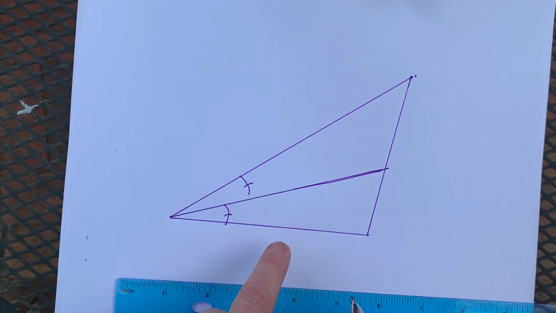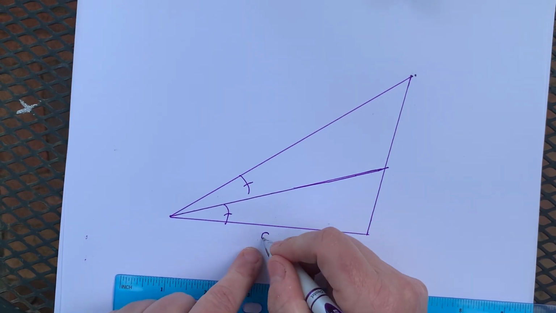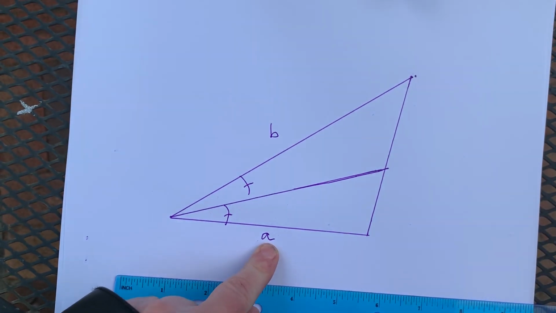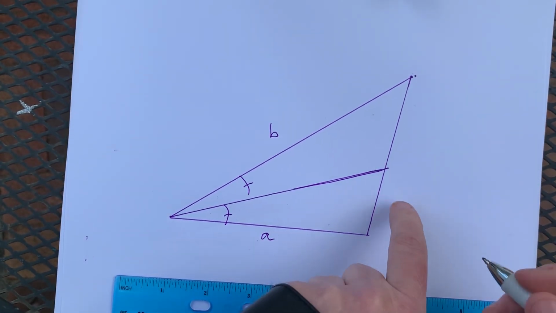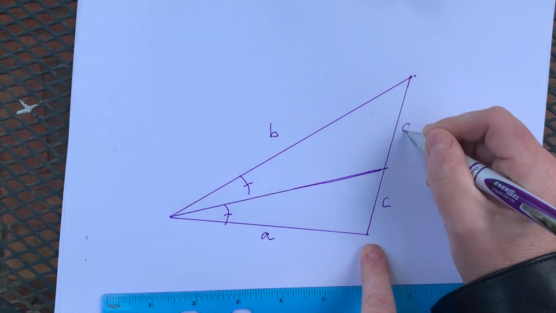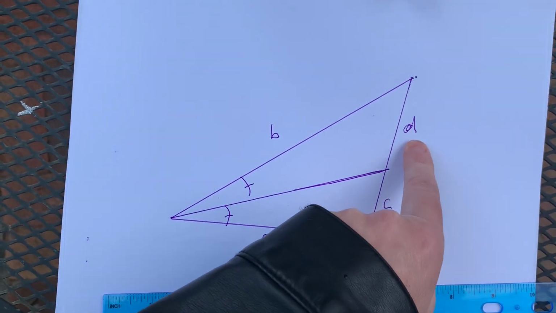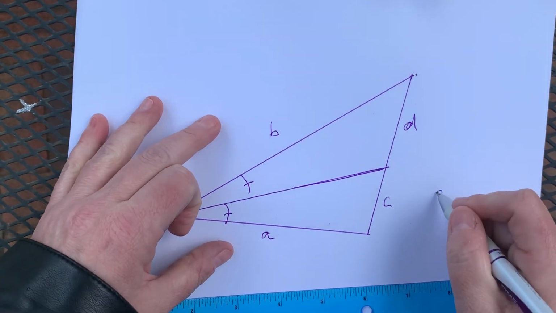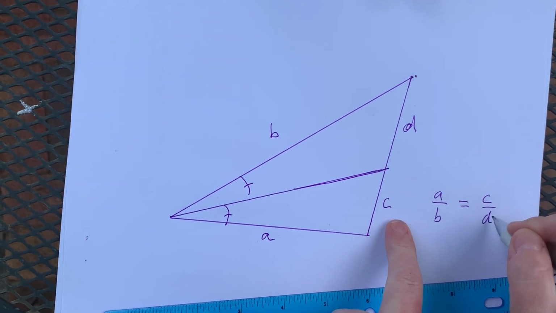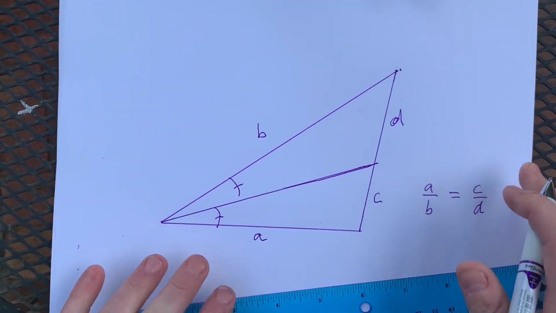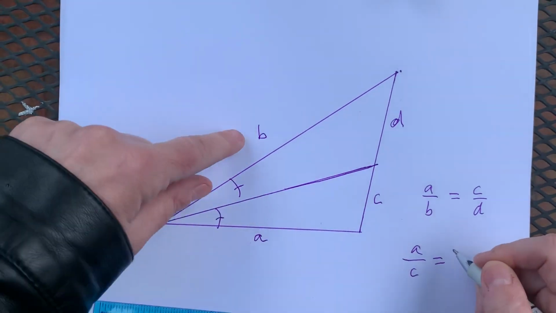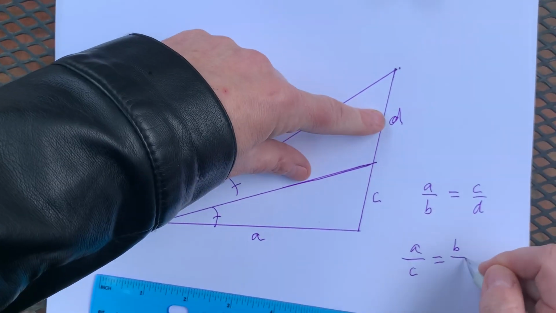That the ratio of this side here to this side here is going to be equal to the ratio of this segment that's been split to this part of the segment that's been split. In other words, A is to B as C is to D. I could also write that A is to C as B is to D.